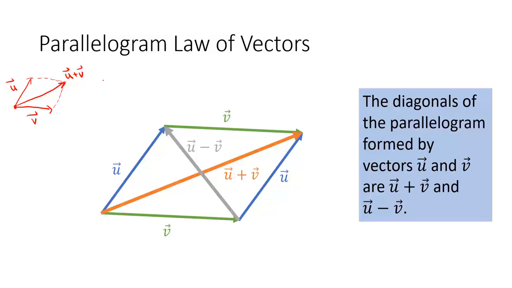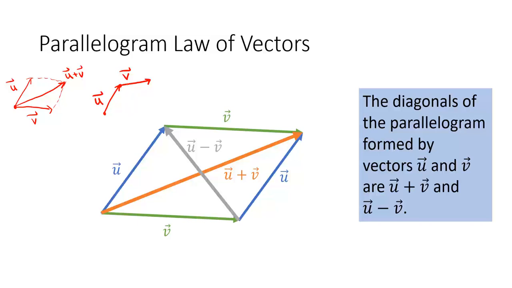And another way to add vectors, we can actually combine tail and the tip together. So if this is my vector u, and now I move the initial point of my vector v to the terminal point of my vector u.